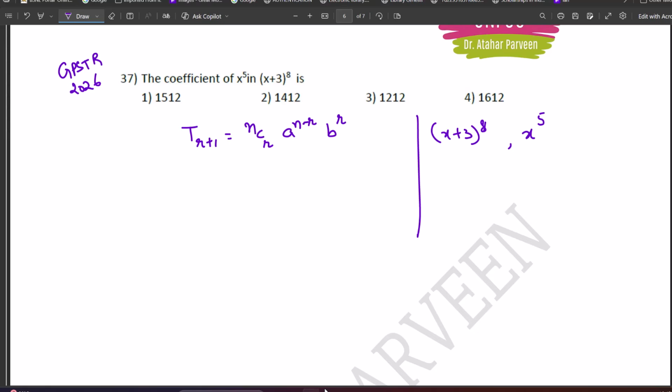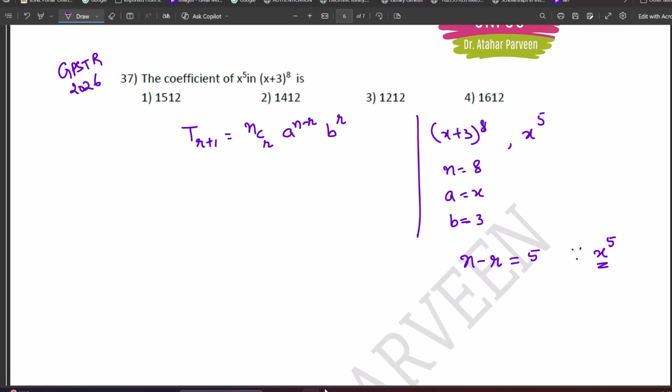So here what is our n? It is 8. What is our a? It is x. What is our b? It is 3. And what is our r? In order to find r, I have to use that n minus r thing, right? So n minus r will be equal to 5, because we are finding the x to the power 5 coefficient.